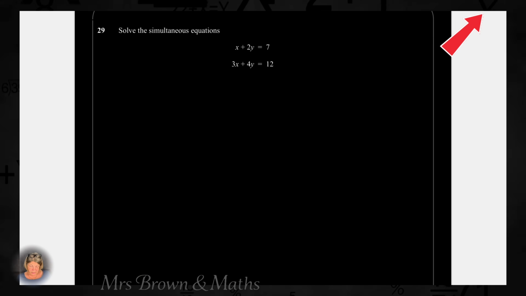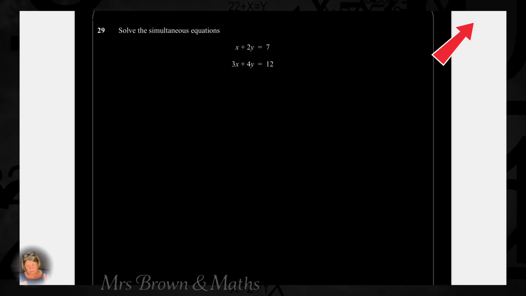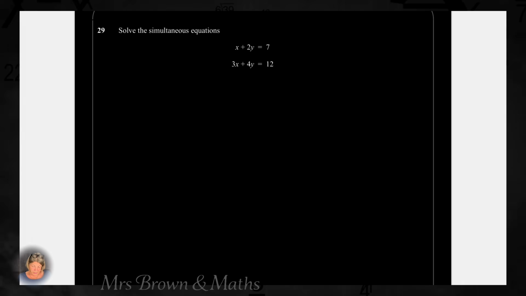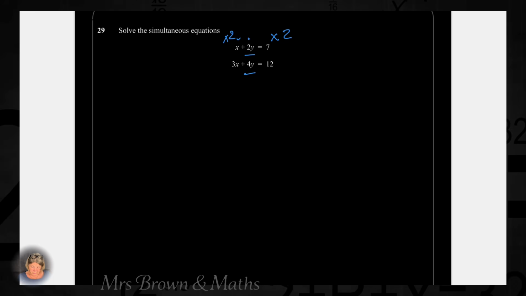So I need to get rid of x, or I need to get rid of y. I will probably choose y, and I need the same number in front of y. So what I'm going to do, I will multiply both sides of the first equation by 2.